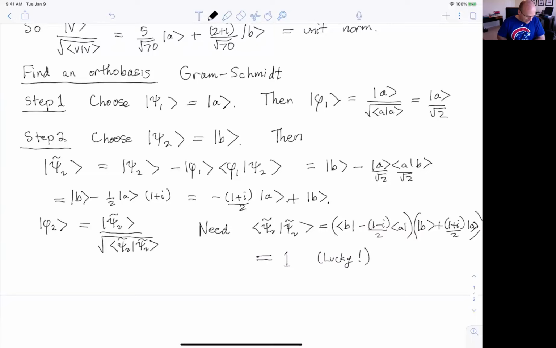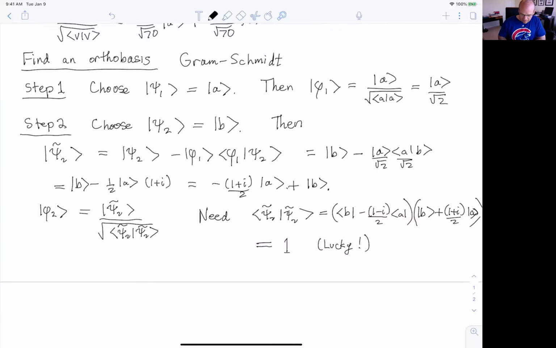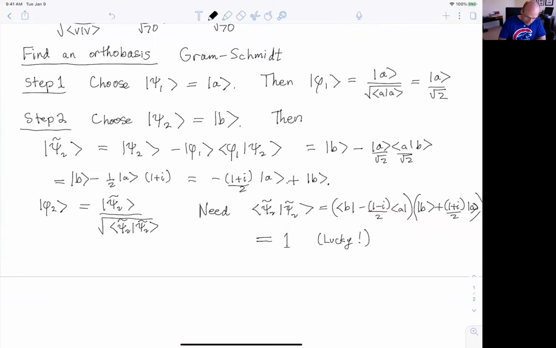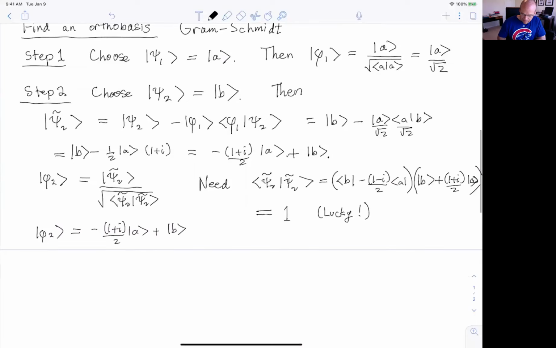Normally, it won't work out that way. But in this case, it just so happened that the inner product of psi tilde 2 with psi tilde 2 already had unit norm. Okay, and so phi2 is equal to minus (1 plus i) over 2 A plus B. If it hadn't had unit norm, we would have taken the square root of this quantity, whatever it happened to be, and divided by it in order to get our phi2.